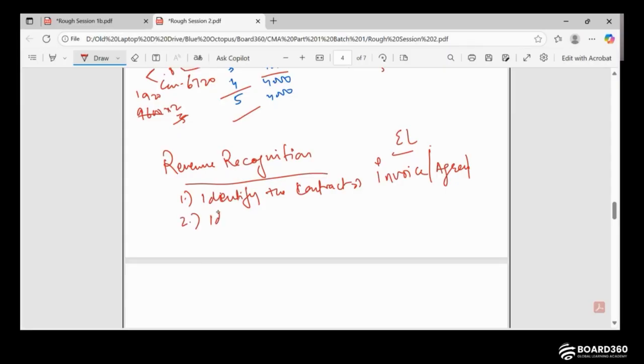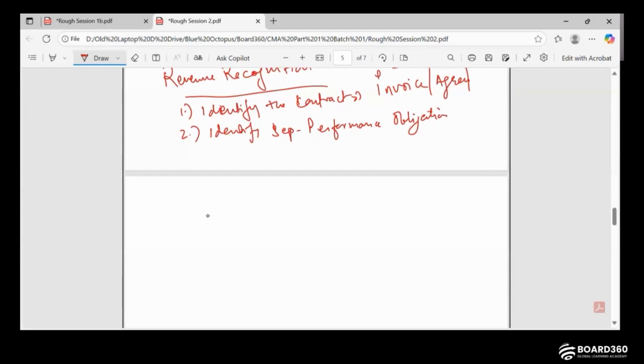Then identify separate performance obligations in the contract. So separate performance obligation means the performance obligation for the buyer is payment.